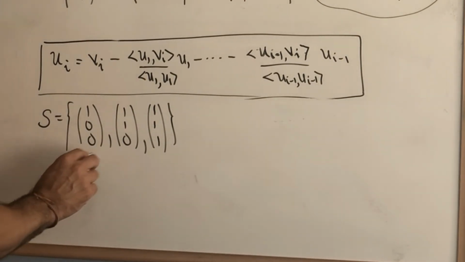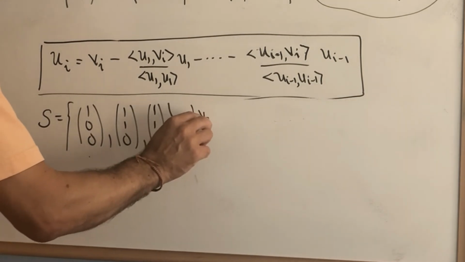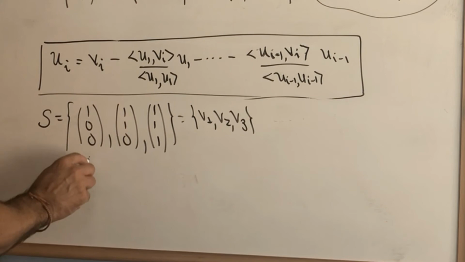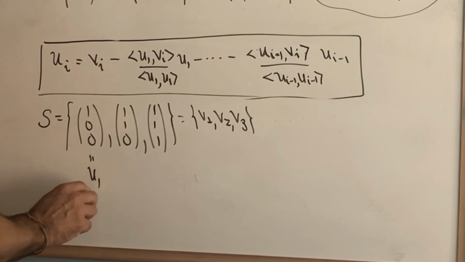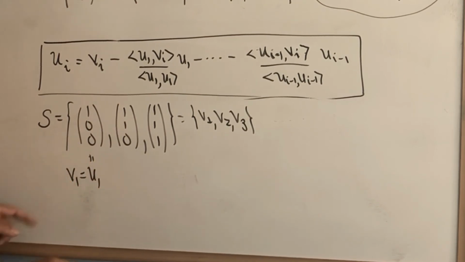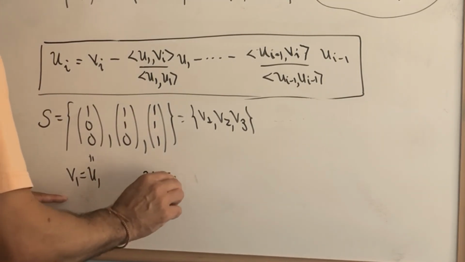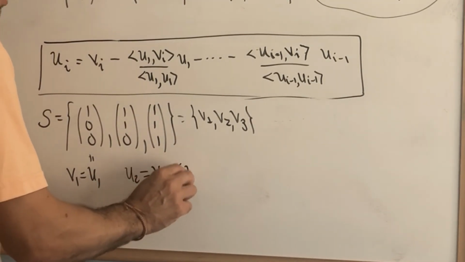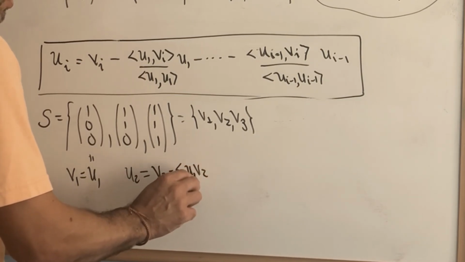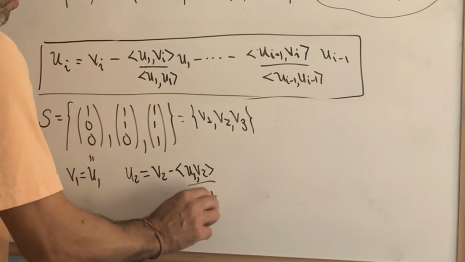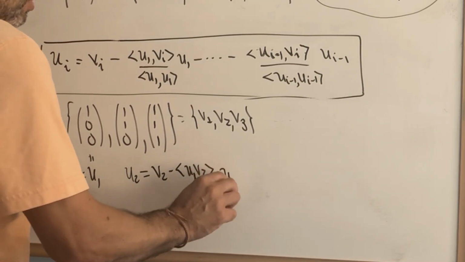Then this is the vectors b1, b2, and b3. This is u1, right? u1 is equal to b1. Now, what would be u2? u2 is equal to b2 minus u1 b2 over u1 u1 times u1.